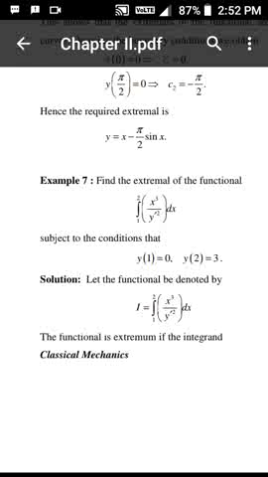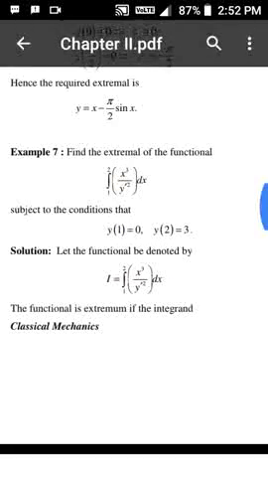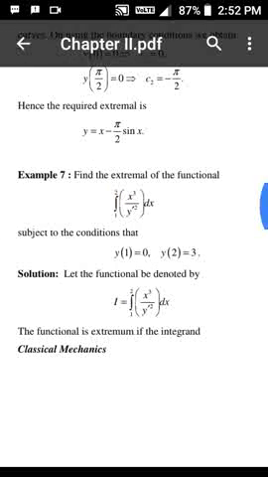One more example: find the extremal of the functional integral from 1 to 2 of x cube divided by y dash square dx, subject to the condition that y of 1 is equal to 0, y of 2 is equal to 0. Here when x is equal to 1, then y is equal to 2. When x is equal to 2, then y is equal to 3.